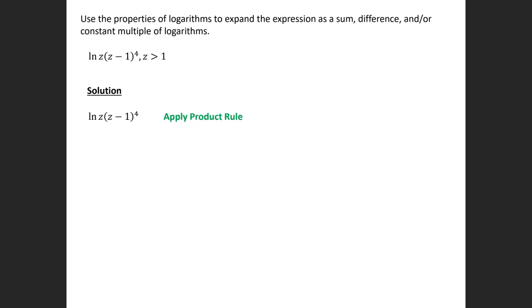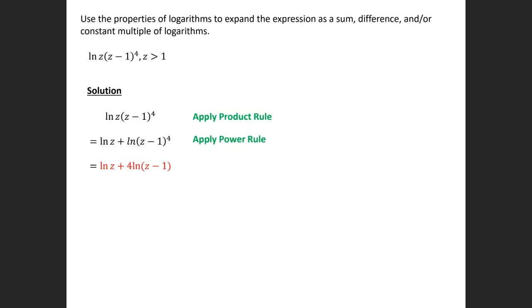I can expand this first by saying that I have the natural log of z plus, oops, I forgot the natural log there. There's supposed to be a natural log here. Let me put it in. There should be an ln here, okay? Natural log of z minus 1 to the 4th power. Then apply my power rule. Oh, there it is. Now it appeared.